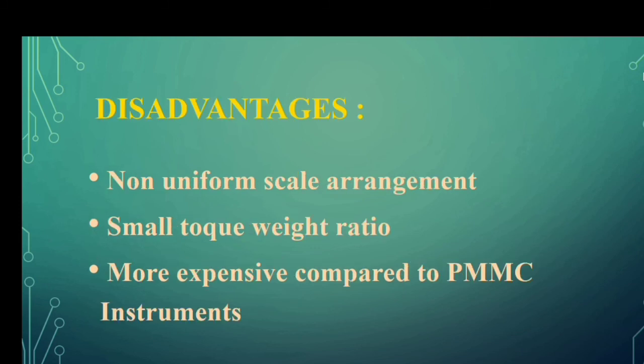Coming to the drawbacks of using this instrument, it has a non-uniform scale, and the torque to weight ratio in these instruments is also low. It is a comparatively more expensive instrument since it is provided with two coil arrangements. These are some of the drawbacks of using this instrument.